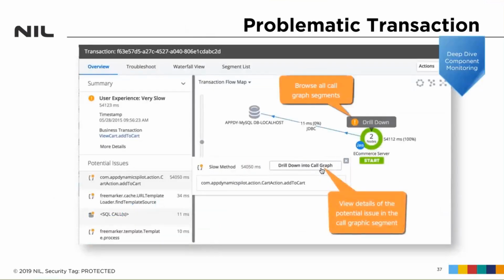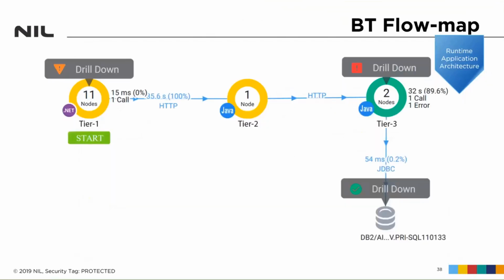For problematic transactions, AppDynamics captures a business transaction snapshot. Snapshot includes extra information such as method calls, which are collected down to individual lines of code, stack trace, and other useful information. Transaction debugging screen includes transaction flow map, which depicts all the nodes which participate in the specific transaction.